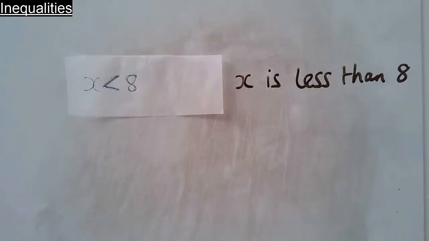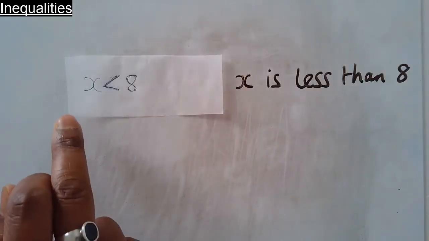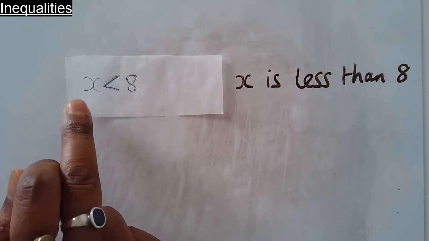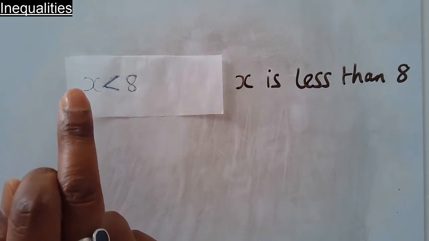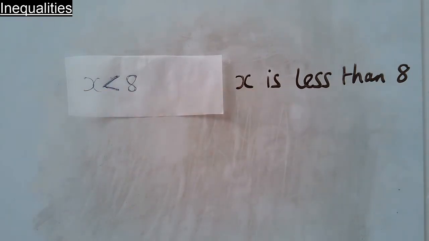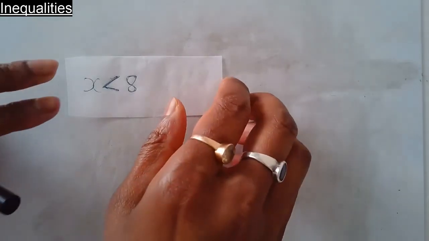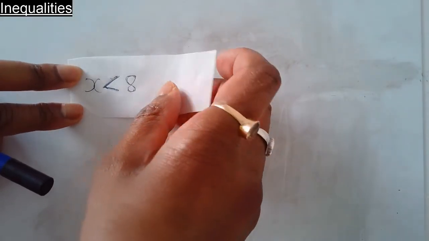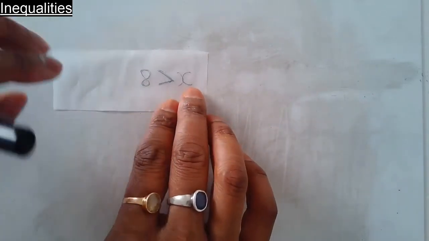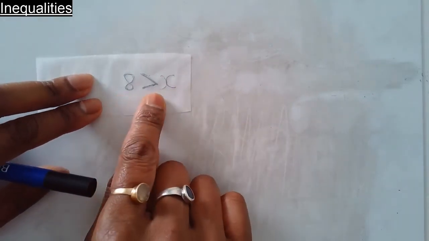Right, if you're still a little bit confused, just have a look at this. What does that say? x has to be less than 8. But now if I turn it around, what does that read?